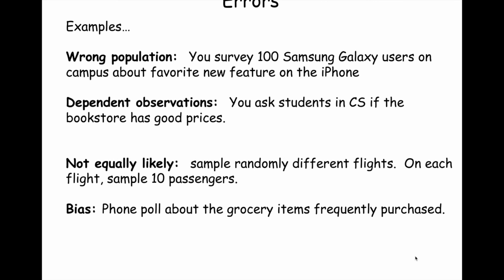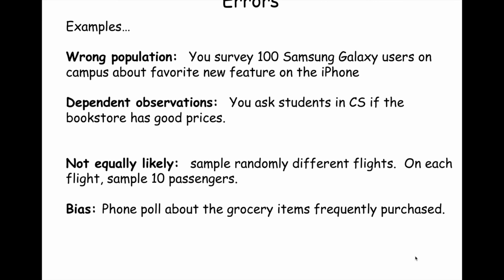All right, so what are some examples, and these are just broad categories, of sampling errors that you can make, right? And these are structural sampling errors. The second case that we talked about, non-sampling errors, meaning the method of sampling was flawed. So the wrong population.